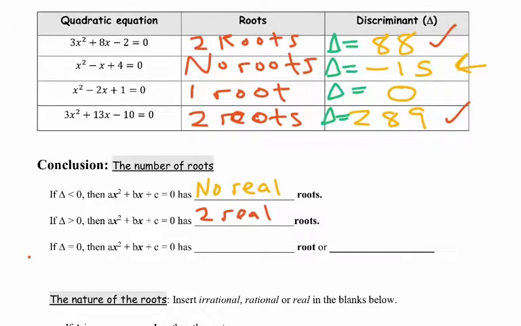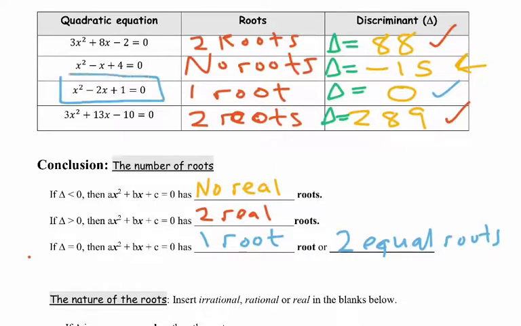What if delta is equal to 0? If delta equals 0, as you can see here, that means we've got 1 root. Or sometimes they say 2 equal roots. Now why would they say 2 equal roots if it's got 1 root? Well, the 2 equal roots is this equation here. So x squared minus 2x plus 1 can be factorised as x minus 1 all squared.